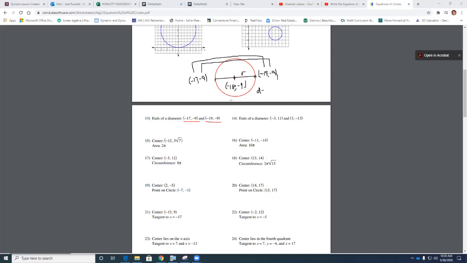is found by taking the square root of the difference in the x's squared. Well, I have negative 17 minus a negative 19. That's negative 17 plus 19. That gives me 2. I have to square that.